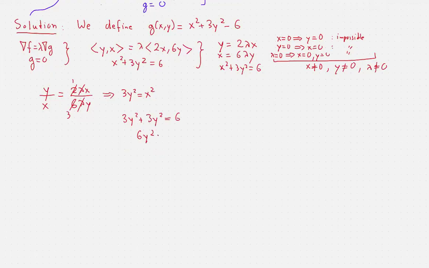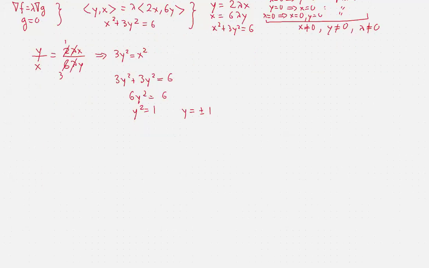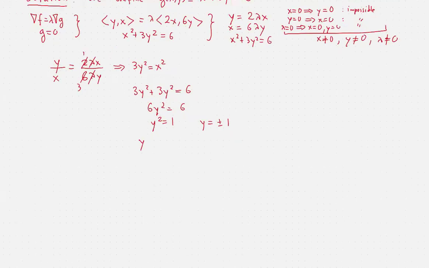y squared is equal to 1, and y is equal to plus or minus 1. So if y is equal to 1, then by going back into the constraint, we get that x squared is equal to 3.